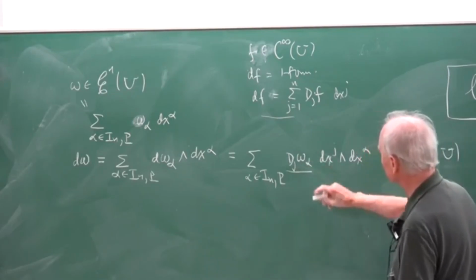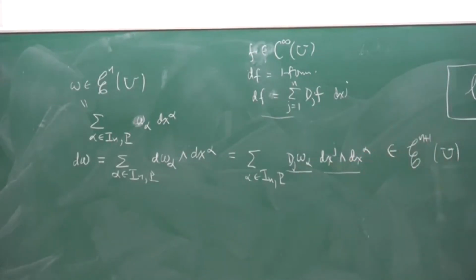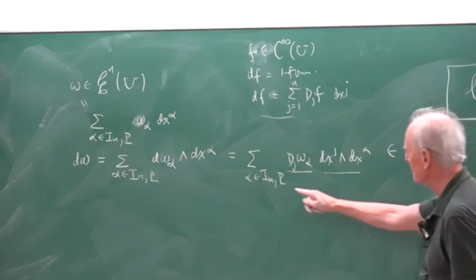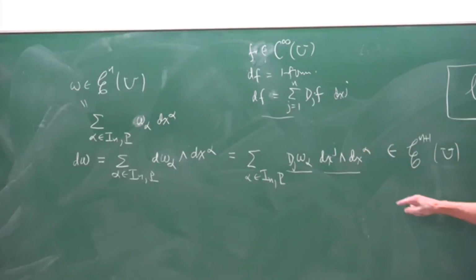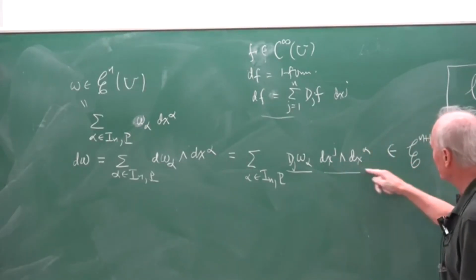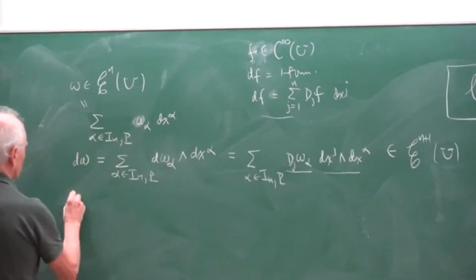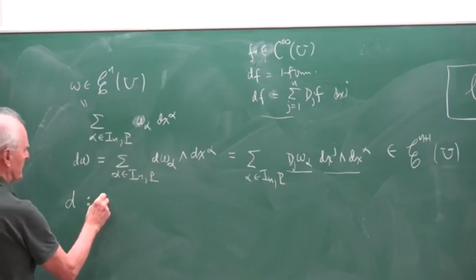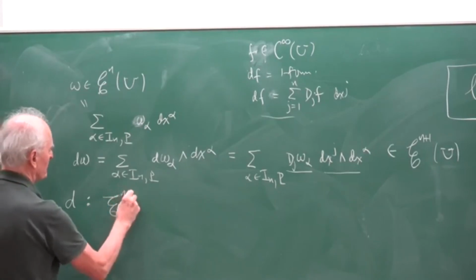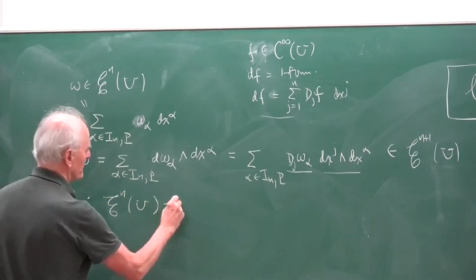It's a C infinity function times one of these dx^beta, where the index is in the order of n plus 1 rather than n. So indeed, it's E^{n+1}. So d is an operator that is linear. It takes you from E^n(U) to E^{n+1}(U).